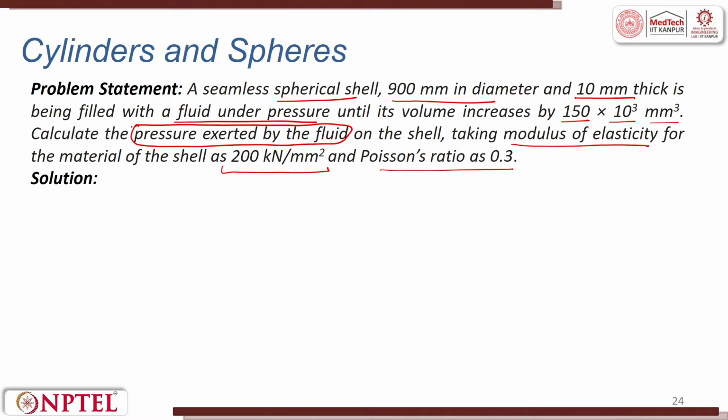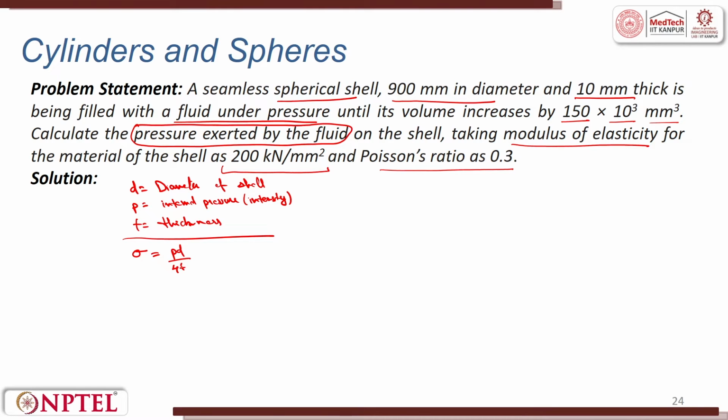Here I will show you a relation. If d is diameter of shell and P is internal pressure, I would call it intensity of internal pressure, and T is thickness, then we know sigma is equal to PD by 4T, right.